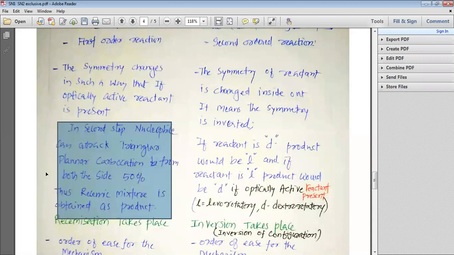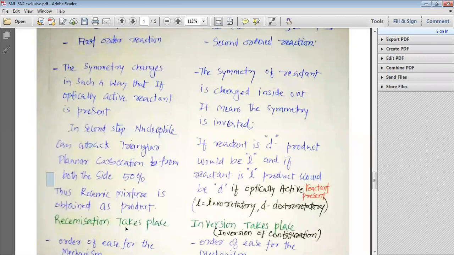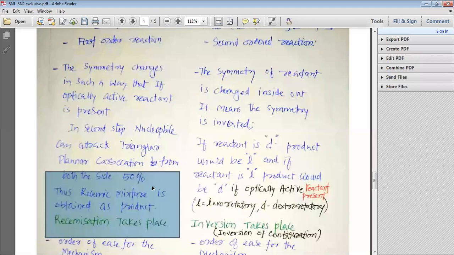That is why in the SN1 mechanism, my dear students, we get a racemic mixture as a product, because 50% attack from one side and 50% attack from the other side, and in the SN1 mechanism, racemization takes place.